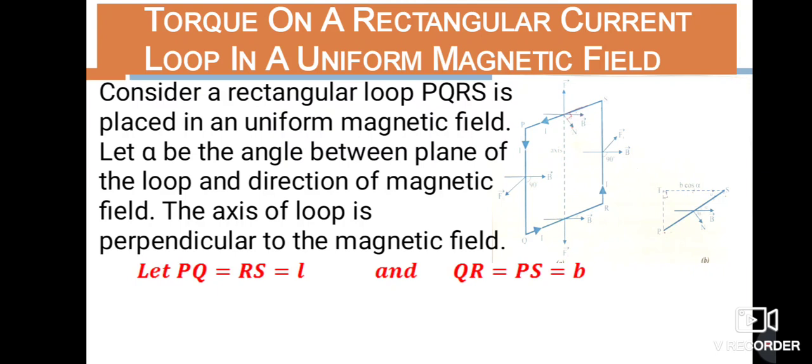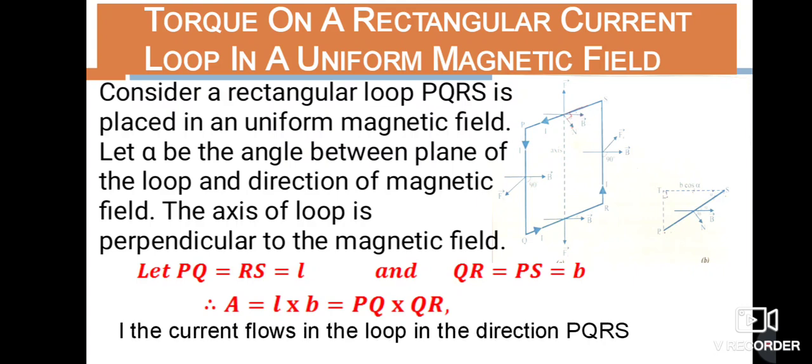Let PQ as well as RS be the length of the rectangular loop, and QR as well as PS be the breadth of the rectangular loop. Therefore, area is equal to length into breadth, that is PQ into QR.